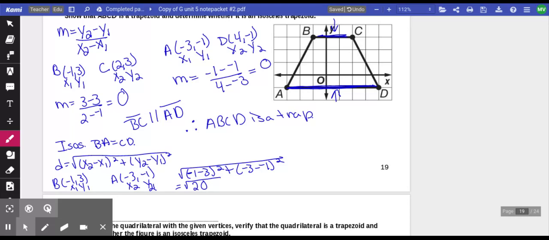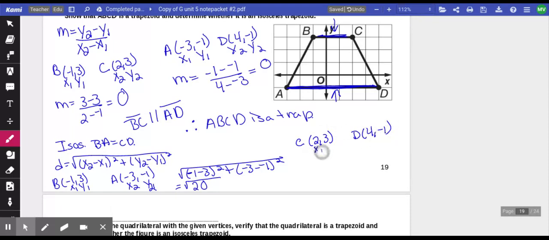So then I'm going to do CD. So C is 2, 3, and D is 4, -1. So again, x1, y1, x2, y2. So it's the square root of -1 minus 3 squared plus 4 minus 2 squared.